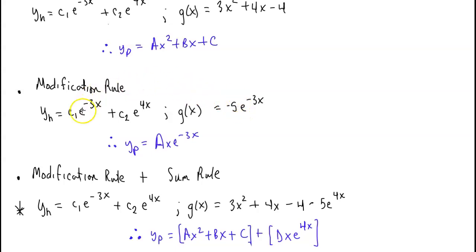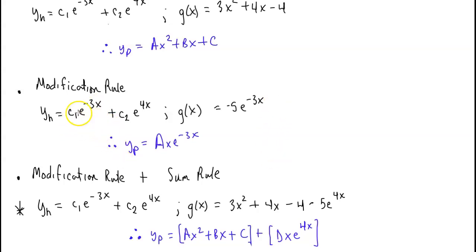And so since these two terms are common, what I have to do is eliminate the duplication between y sub h and y sub p. So I can't have a term here that just says a times e raised to the -3x, okay? Because that's basically going to get lumped up with this if I go through and do the first and second derivative and put it all into my ODE and try to solve for it. That's going to cause problems.